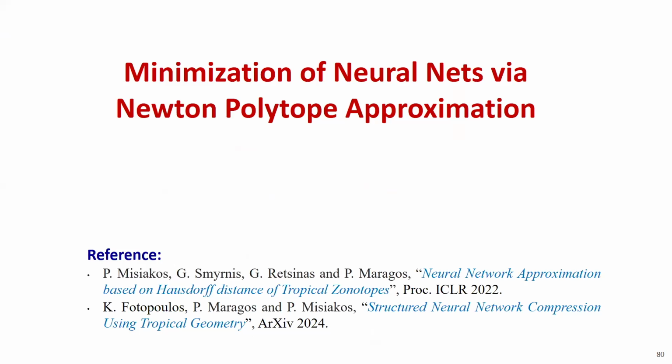I would prefer to detail more a more recent approach that we have developed for minimizing neural nets based on tropical geometry. This approach is entirely based on approximating the Newton polytope using Hausdorff distance.